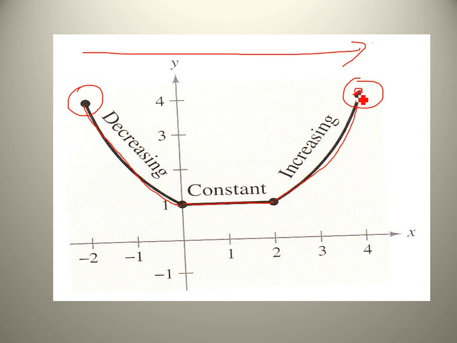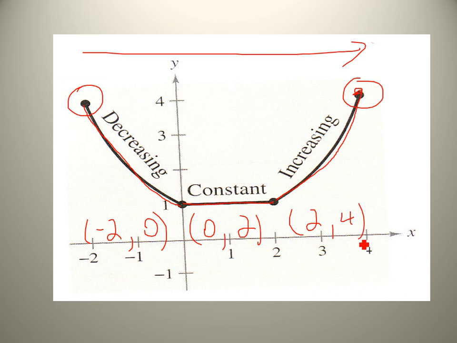So that's one of the things that we're going to look at. If you have a graph, what interval along the x-axis is the graph increasing, what interval is it decreasing, what interval is it constant. For this particular graph, we would say that this graph is decreasing from -2 to 0, then it's constant from 0 to +2, and then it's increasing from +2 to +4.